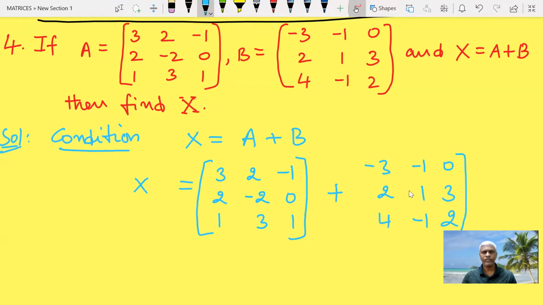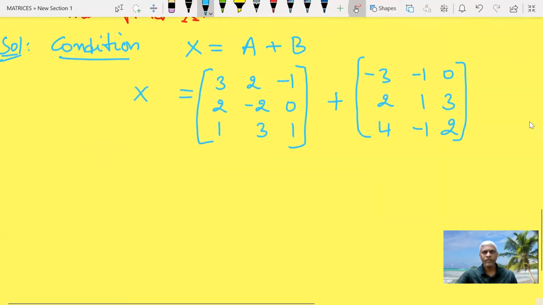So this is B. Now add corresponding elements. 3 corresponds to -3, so 3 plus -3. 2 corresponds to -1, so 2 plus -1. -1, 0.